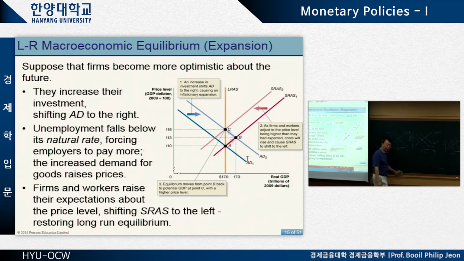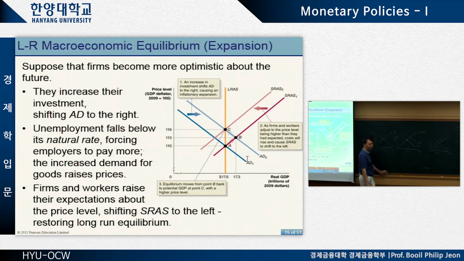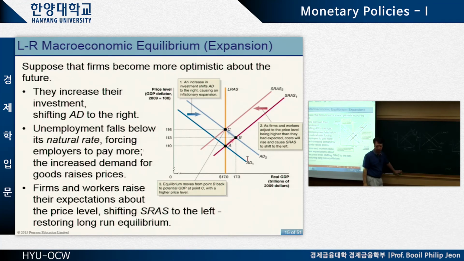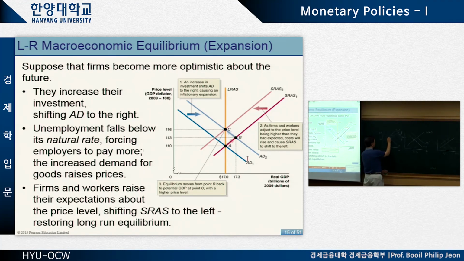I need to demand higher wages. So workers' wage expectation goes up, which means supply for labor decreases. This is based on the initial price level, but at a higher price level, workers will demand higher wages, which means the labor supply will decrease. And as a result, wages will rise, and the labor supply or employment will decrease.